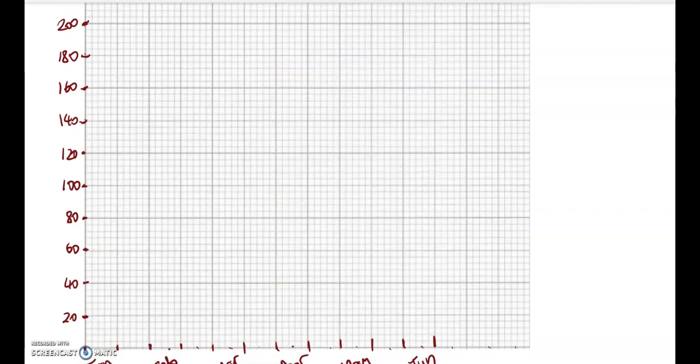So we'll go right in the middle. And then February has 155. So in between 150 and 160. So somewhere here.